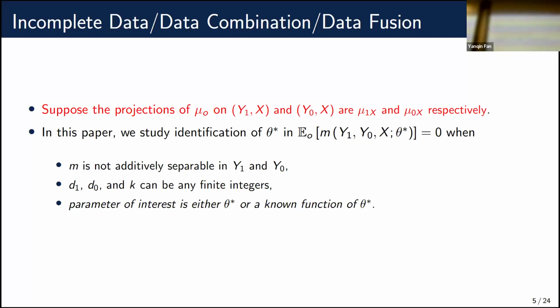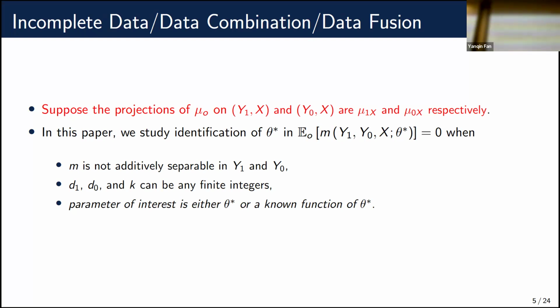All right. Let me quickly mention the generality of the results in this paper. First of all, M is general, apart from some continuity assumption. In particular, we are not assuming that M is additively separable, which has been done in existing work in the literature. Also, y1 and y0 are important because they are not observed in the same data set, and we allow them to have any finite dimension, d1, d0.